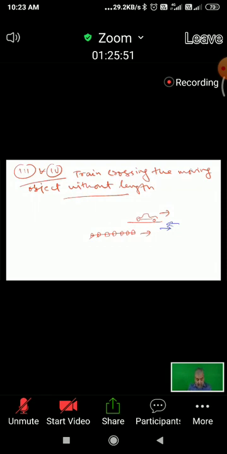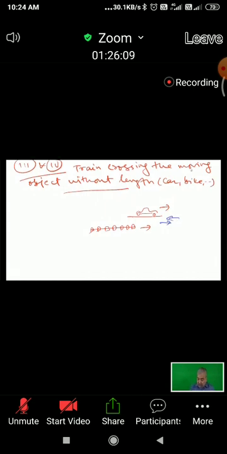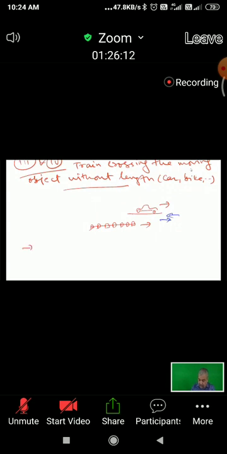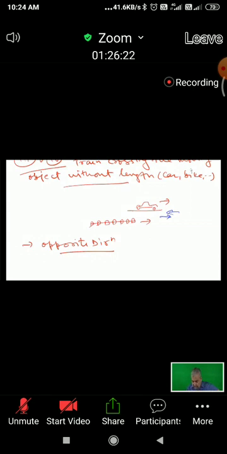So there are two situations. I am taking the query after doing this possibility: a train crossing the moving object without length, and I can write here car, bike, etc. First, they are moving in opposite direction. When they are moving in opposite direction, the train is crossing the car and the length of the car is negligible.